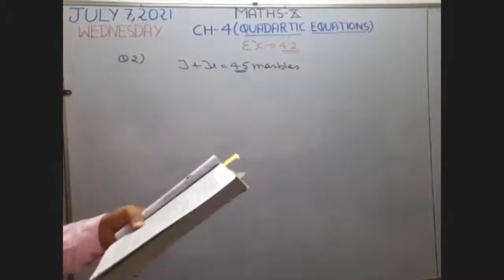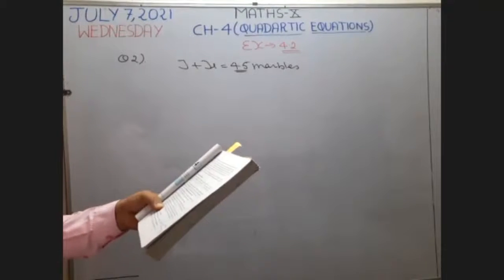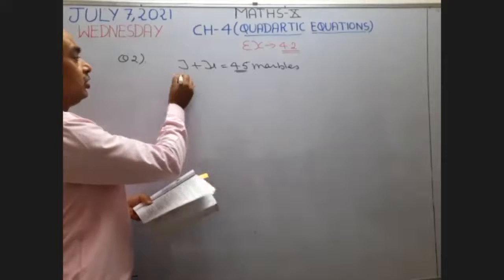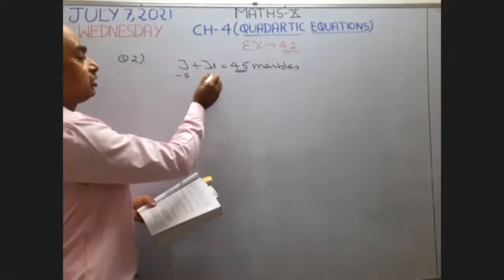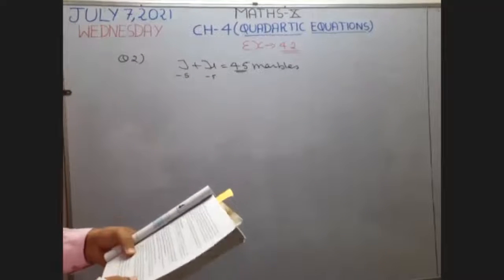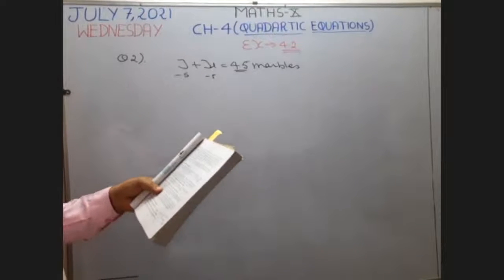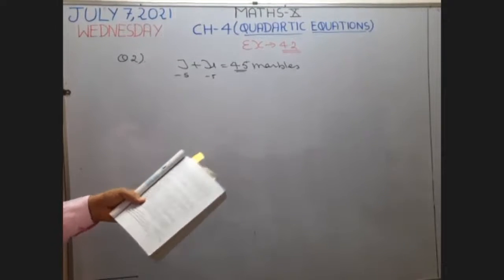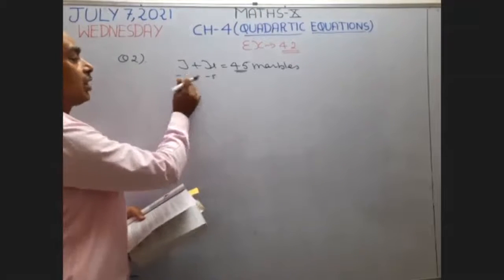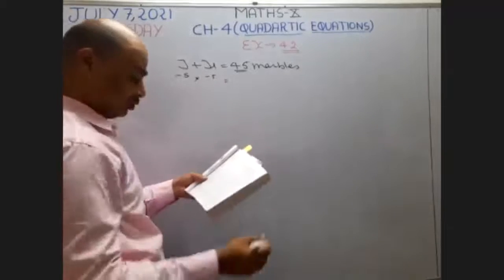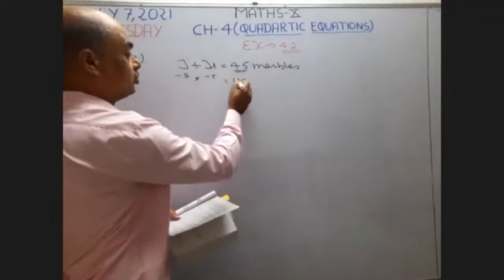Both of them lost 5 marbles each. And the product of the number of marbles they now have is 124. After losing 5 marbles each, the product of the remaining marbles is equal to 124. This one is the question.